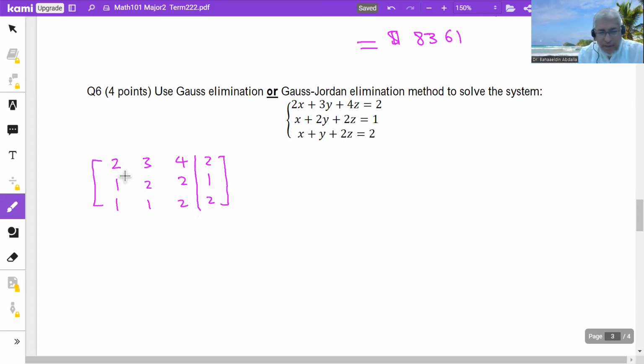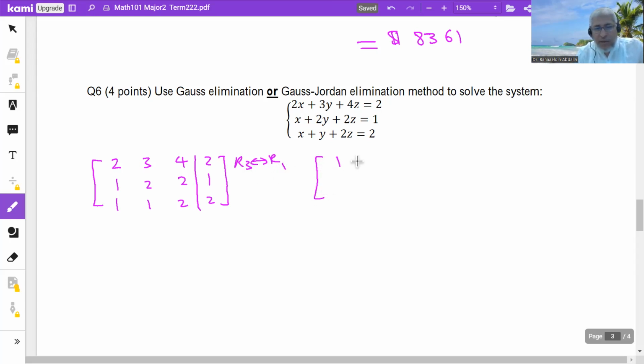Well, I need 1 in this position. So instead of dividing by 2, I will interchange row 3 and row 1. I can write 1, 3 or 3, 1, it doesn't matter here.